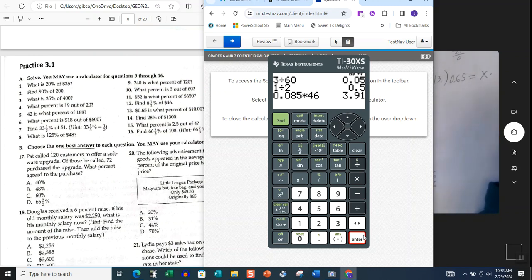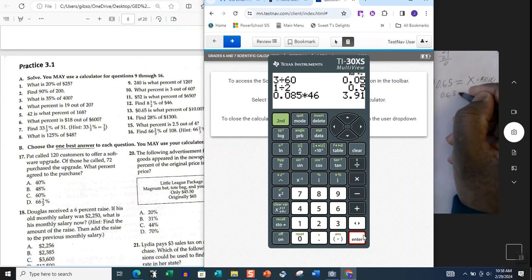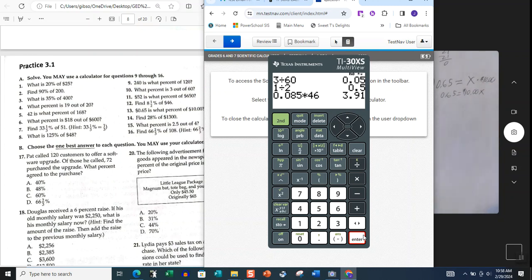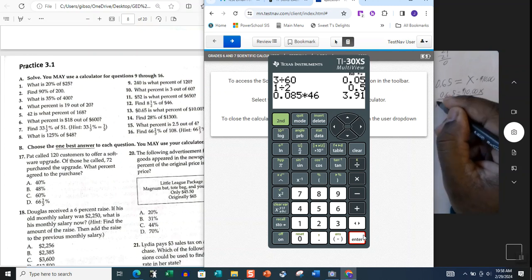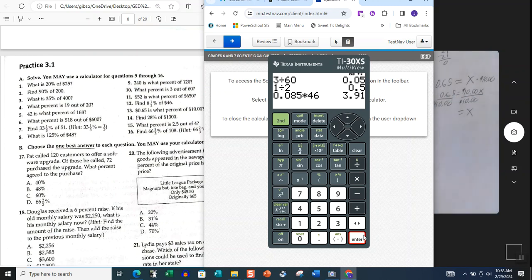Of is multiplication, and $10 is just $10. So now we have 0.65 is equal to 10.00x. We divide each side by the $10. And on the right side, we'll have x.